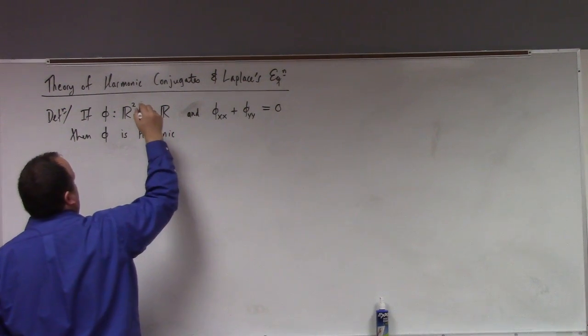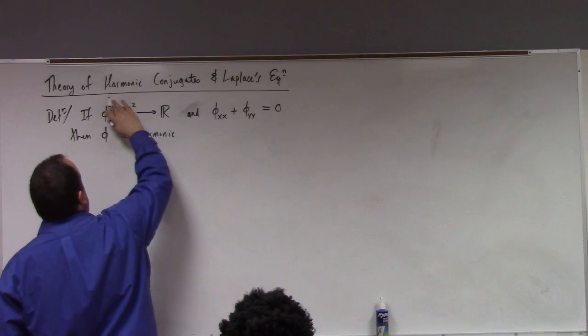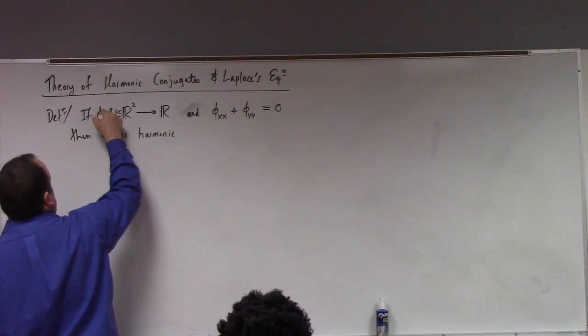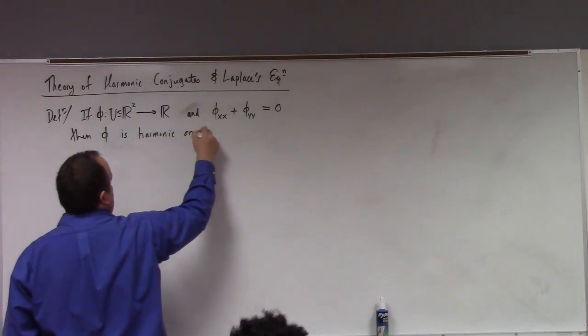And I probably shouldn't say R2. I should probably leave myself some wiggle room here. Say U a subset of R2, harmonic on U. Sorry, guys.